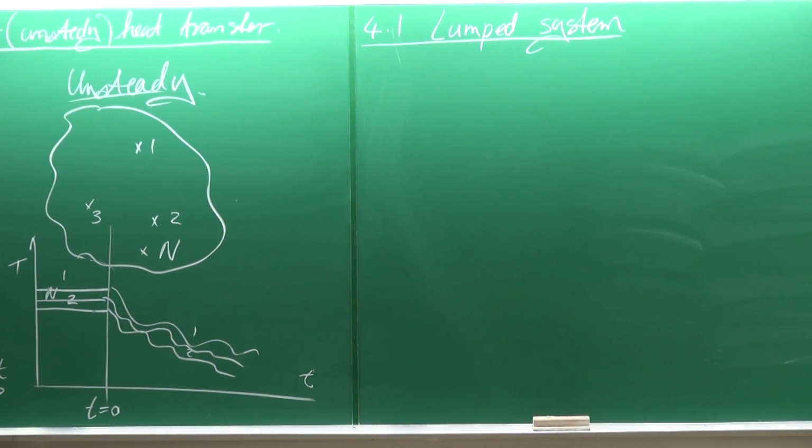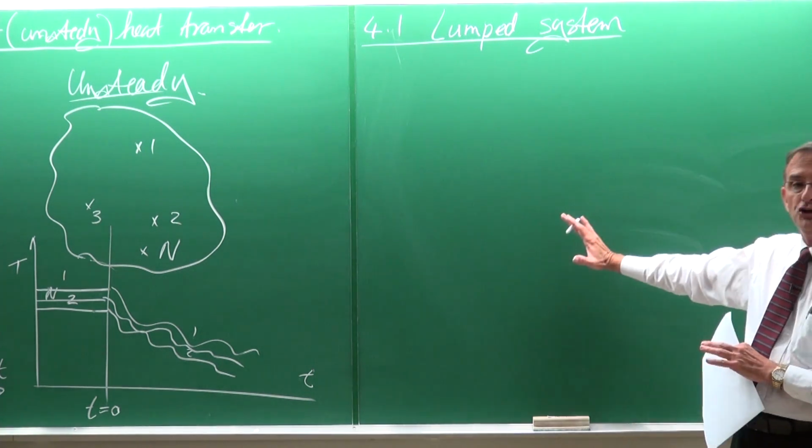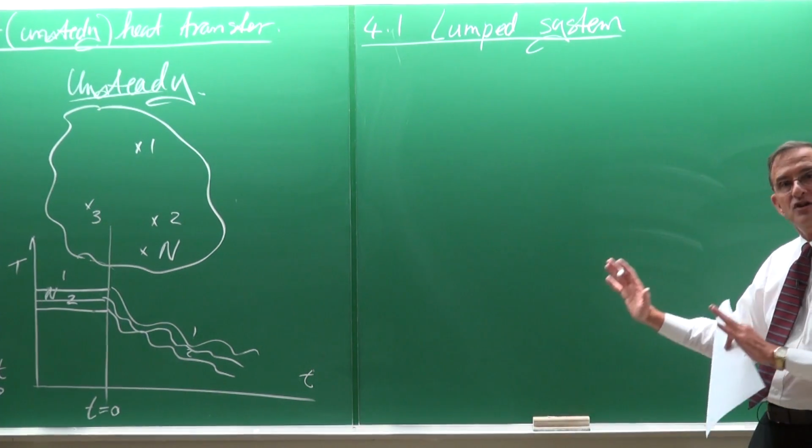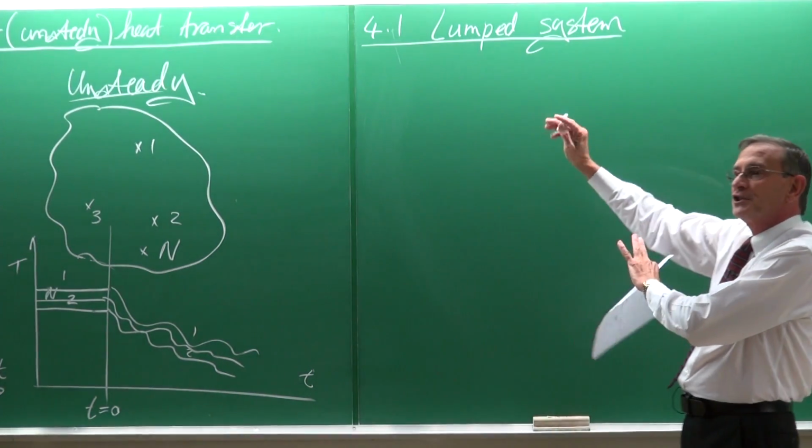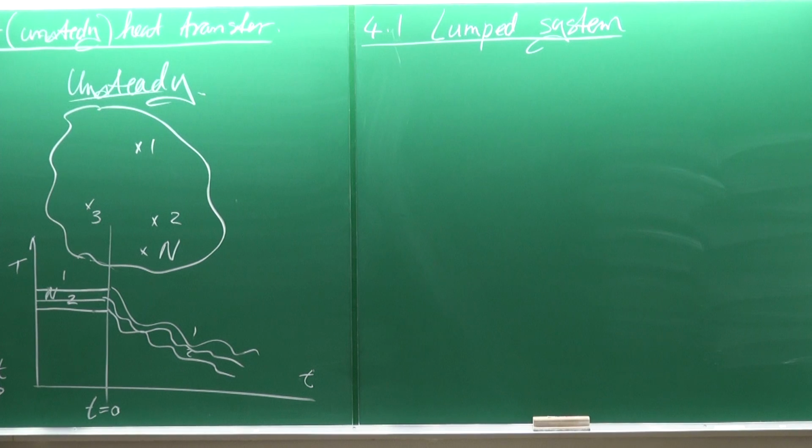And the challenge for many of you, or most of you in the test and exam, is I'm going to give you a problem. And I'm not going to tell you which method you should use. And students specifically have a big problem with this one, to distinguish when should they use the lump system approach.